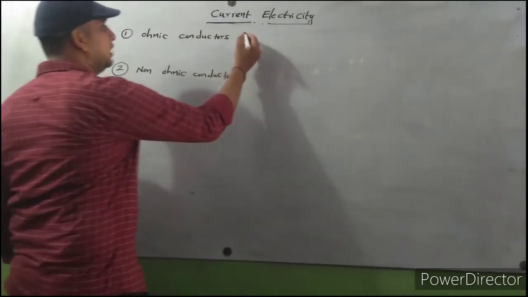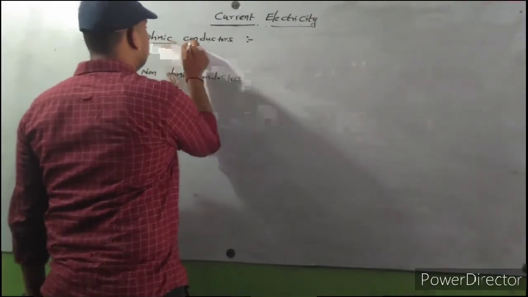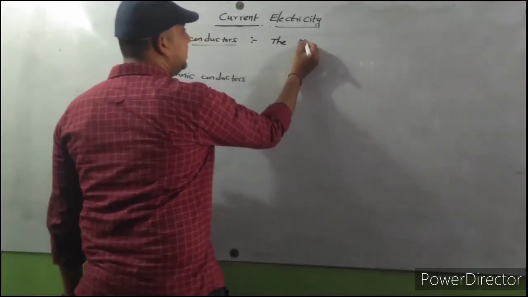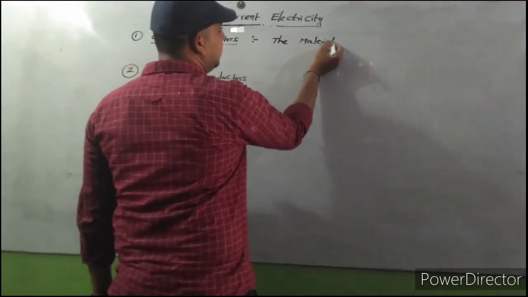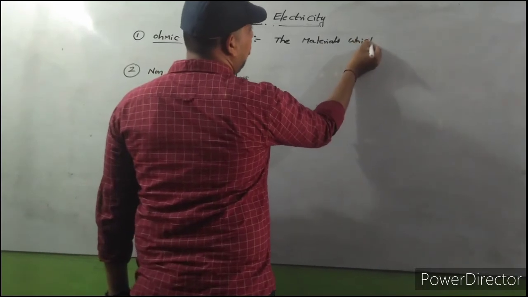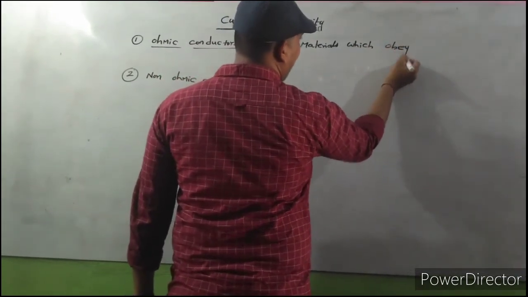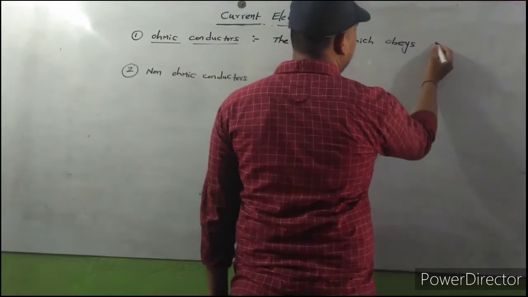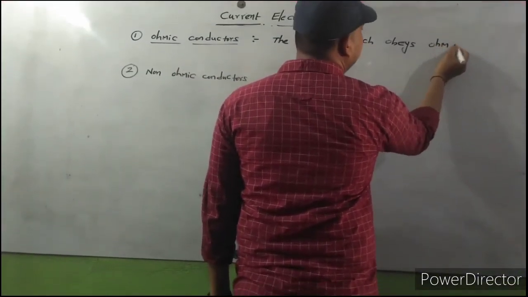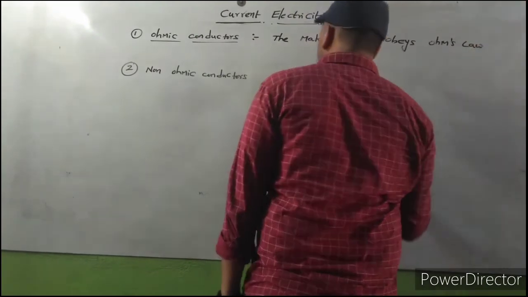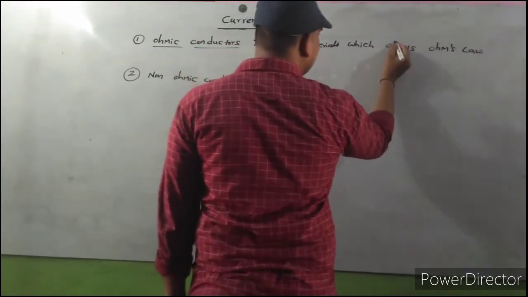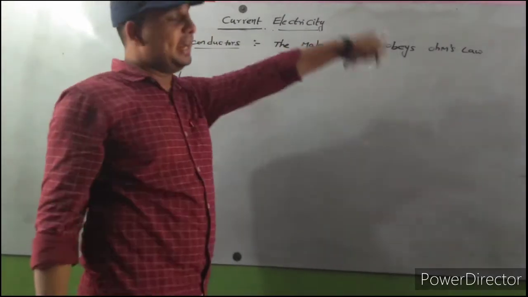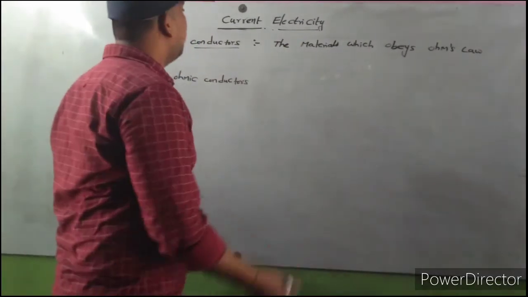Observe the definition carefully. The materials which obey Ohm's law, obey means satisfy, are called ohmic conductors.